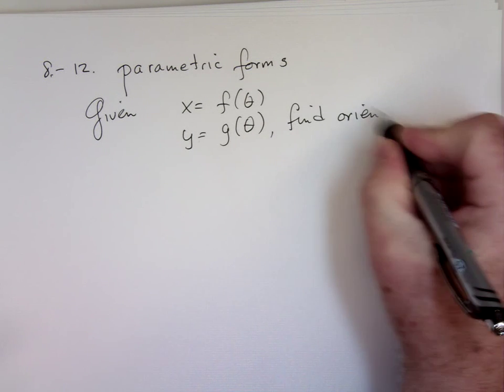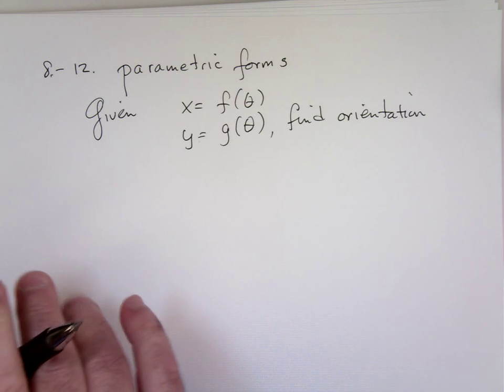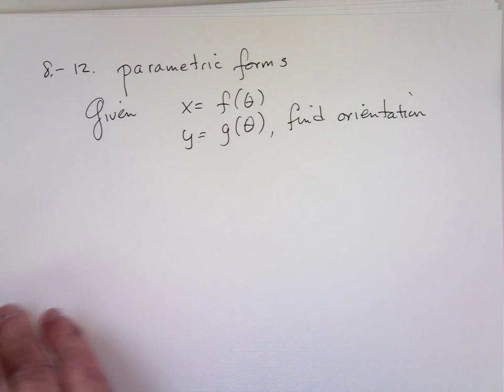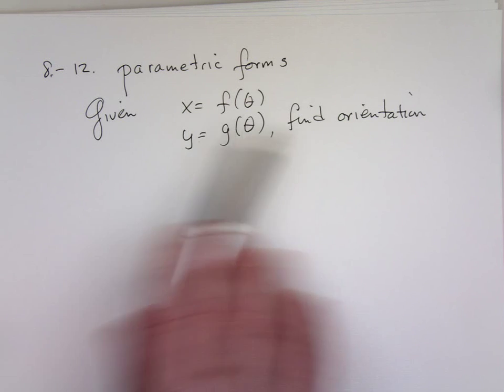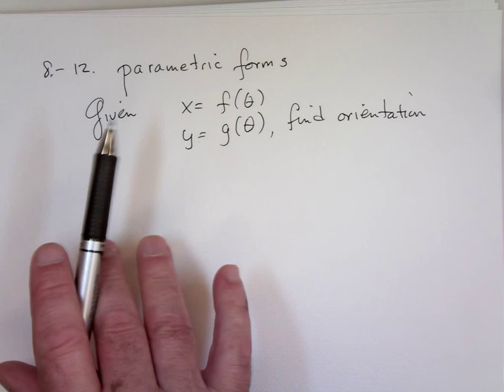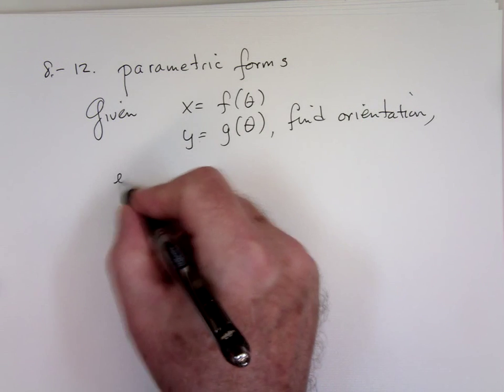Now, when you're talking orientation here, what you have to do is increase the parameter, okay, and see where the direction is. It depends on the shape. You may have an orientation that's clockwise or counterclockwise. You may have an orientation that's left-right, okay? But increase the parameter. Start the parameter somewhere. Normally you start at 0 and increase the parameter. You should be able to eliminate the parameter.